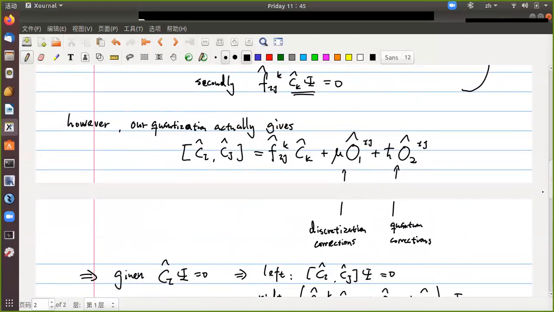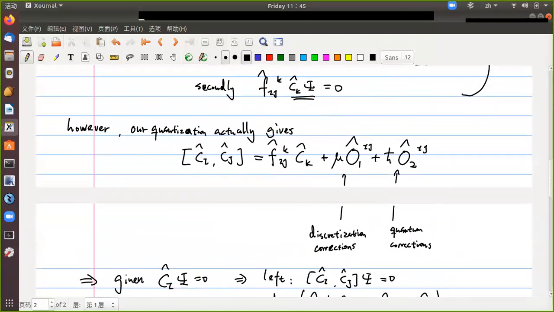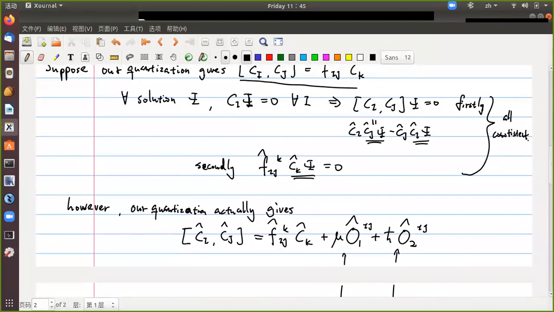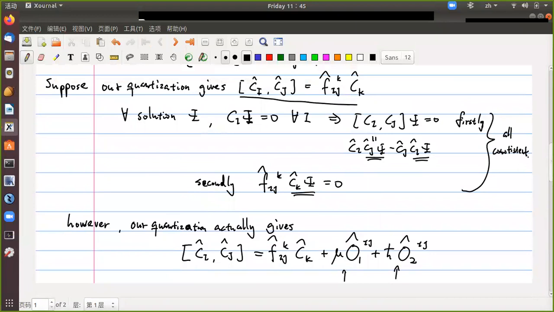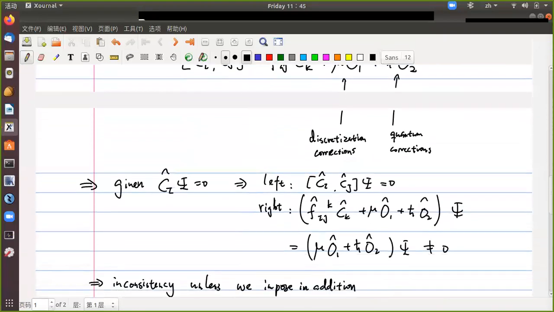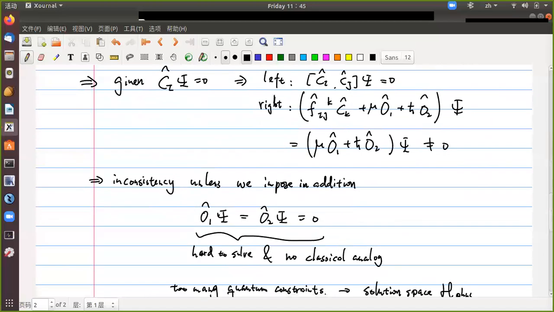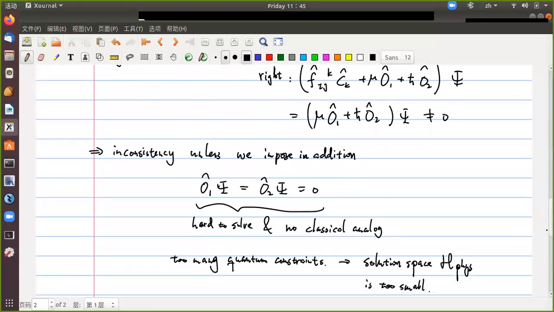So whenever we find that the constraint algebra at the quantum level is different from the classical constraint algebra, and you get additional terms, it means that you have a constraint anomaly. And whenever you have a constraint anomaly, the constraint algebra becomes inconsistent at the quantum level unless you impose some additional constraints.